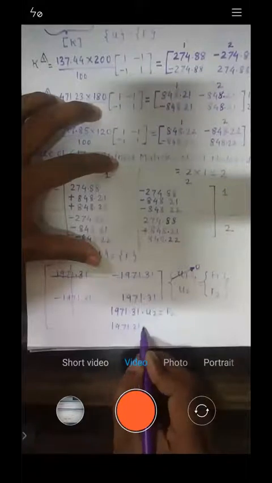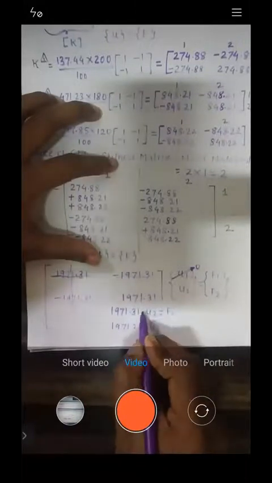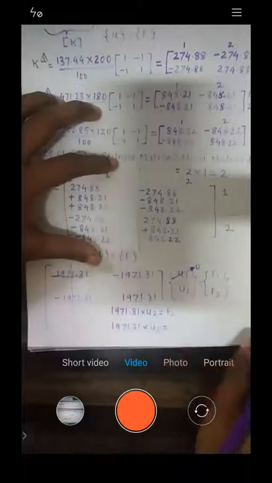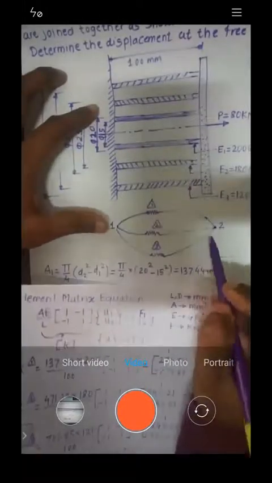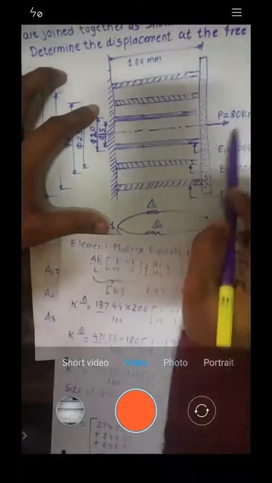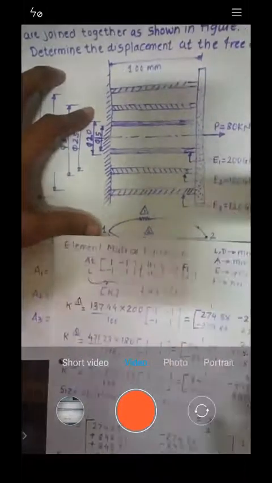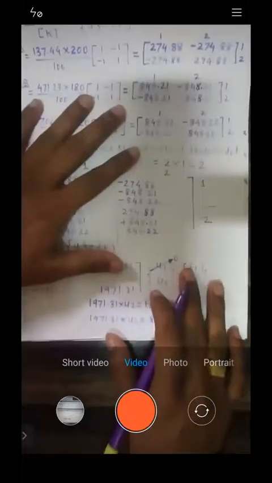1971.31 into U2 is equal to what is the force applied at node 2? See here, what force did you apply at node 2? 80 kilonewton, right? So that is 80. Clear?